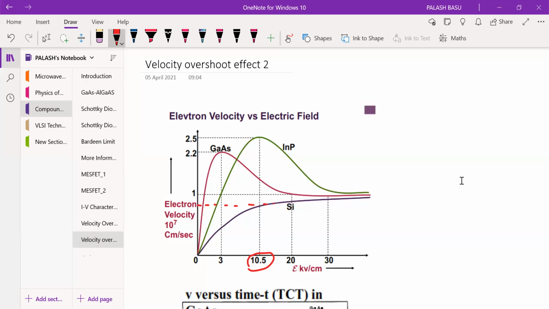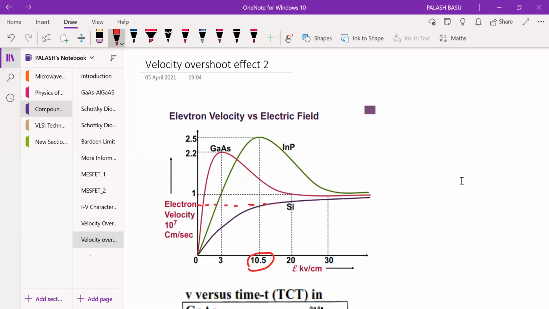But definitely, in comparison of gallium arsenide and indium phosphide, we are preferring gallium arsenide. Why? Because gallium arsenide mobility is high as compared to the indium phosphide. So that is why we always look at gallium arsenide. Though the saturation velocity or saturation electric field of indium phosphide is a little bit high, it's 10.5 as compared to the gallium arsenide, which is actually 3 kilovolt per centimeter, right?